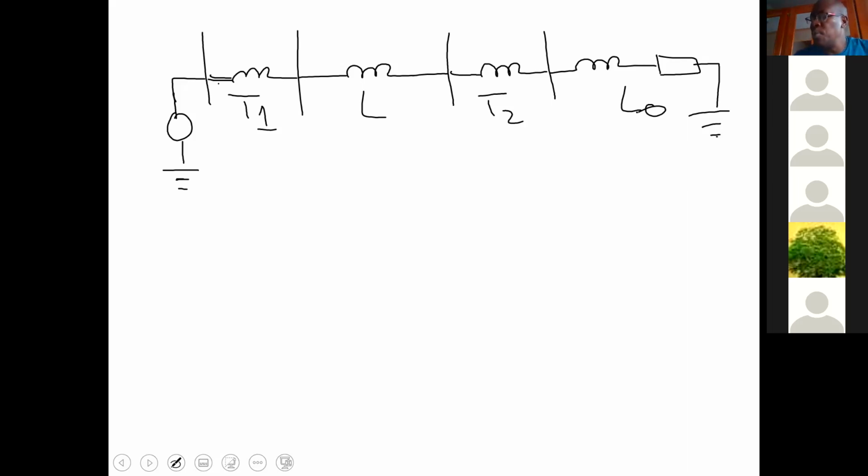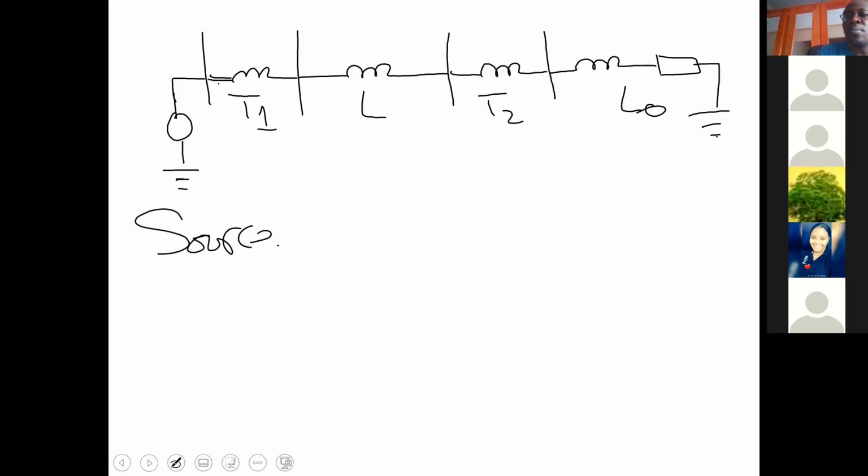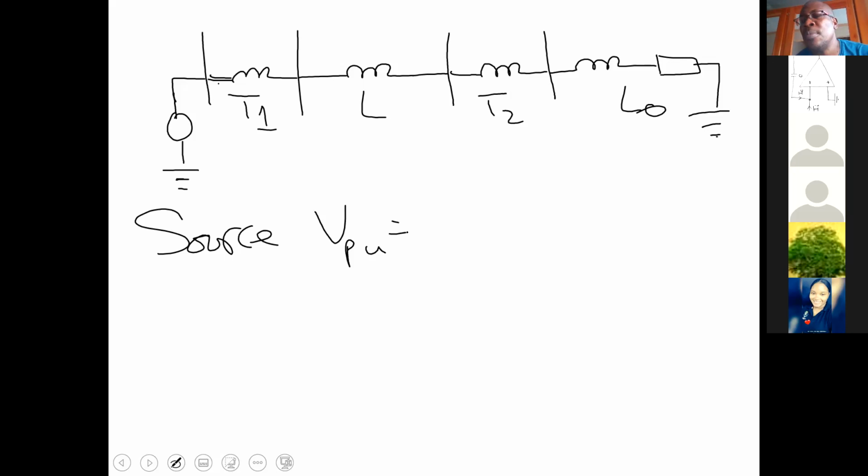So what would be the per unit voltage for the source? VPU will be equal to 220 at angle 0 divided by 240. So we have 220 over 240. And what's that equal to?